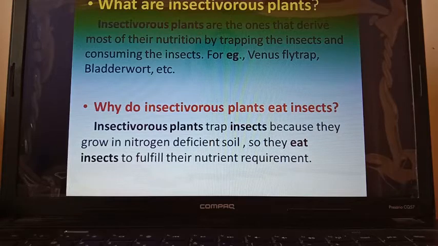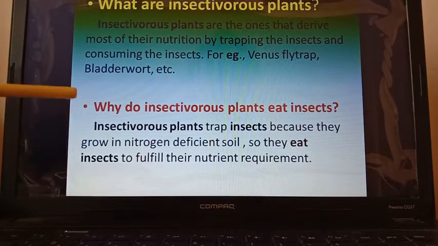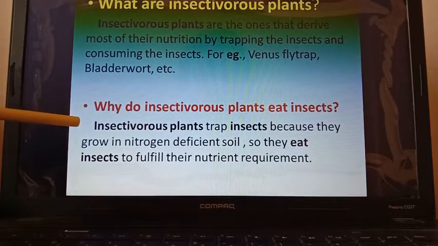Students, just now I have told you that insectivorous plants consume insects for their nutritional requirement. Now for what? They are trapping or eating insects. There is a reason for that: insectivorous plants trap insects because they grow in nitrogen deficient soil.